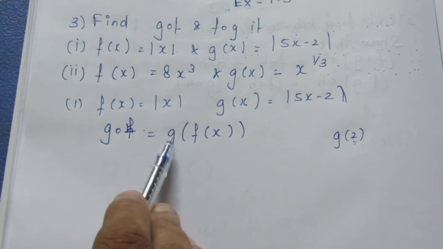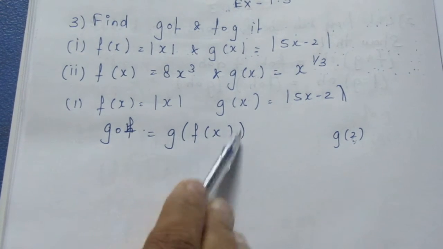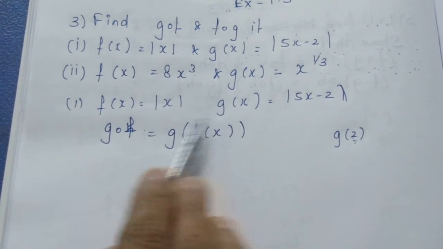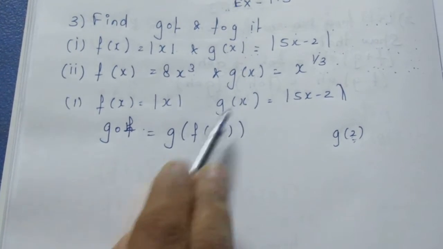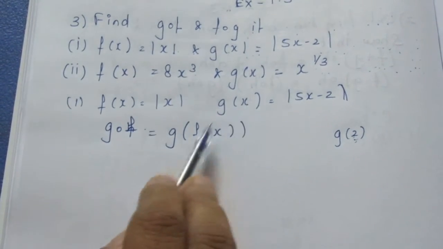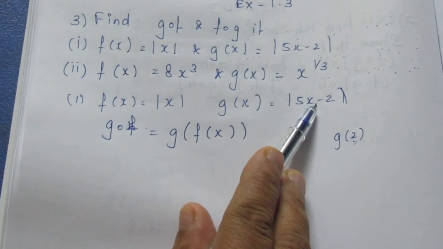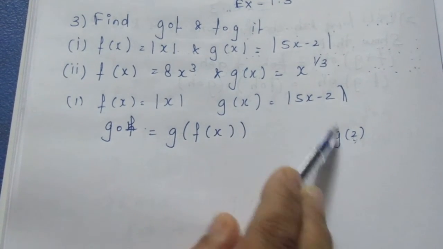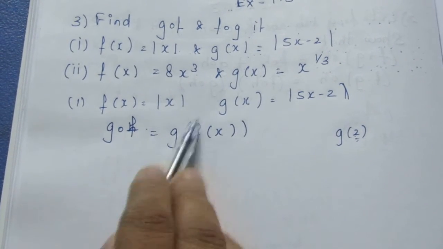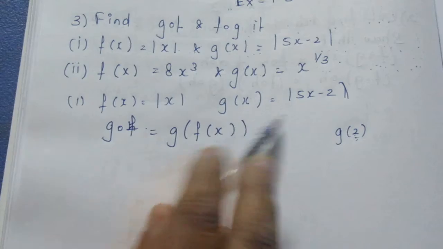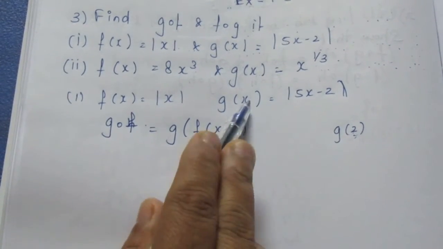See here, we have g of f of x, that is, in the bracket of g we have f of x, which means we substitute f of x in the place of x. If we substitute 2 here, we also substitute 2 inside. The same way, just substitute the value of f of x in g of x.